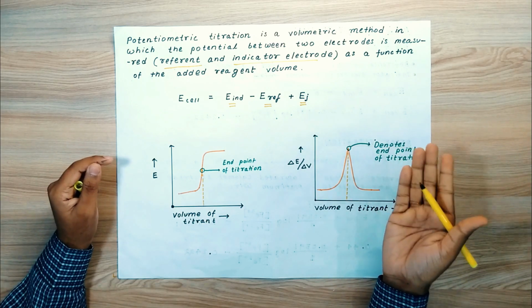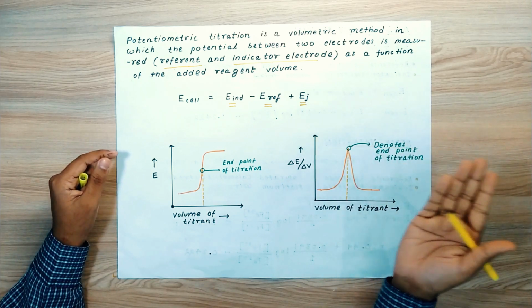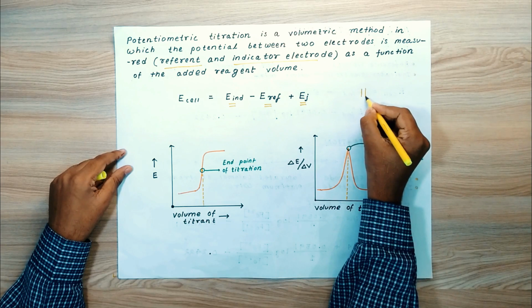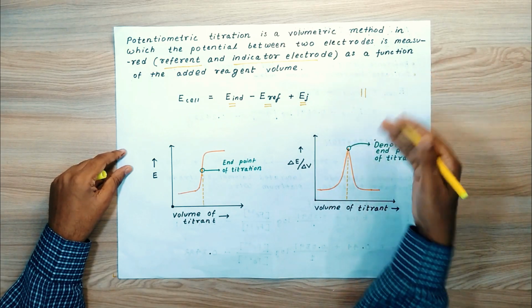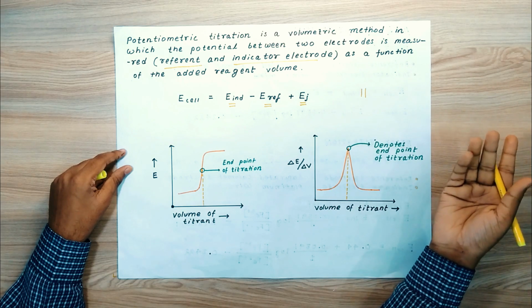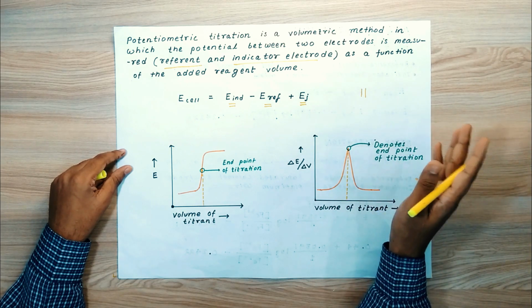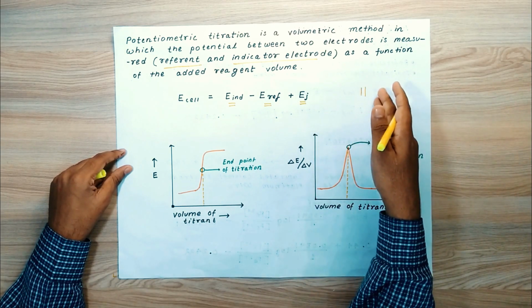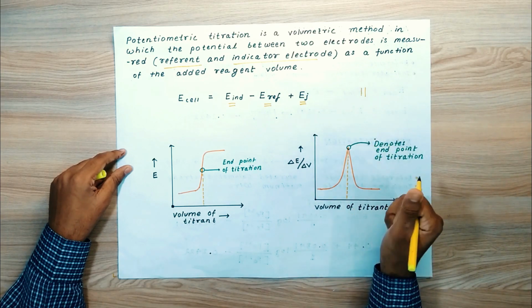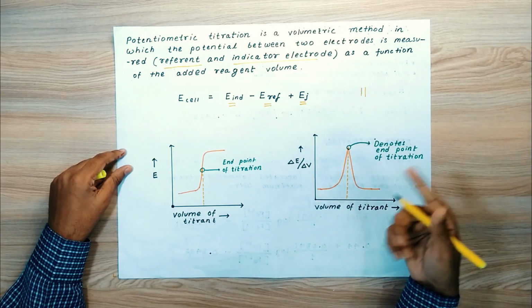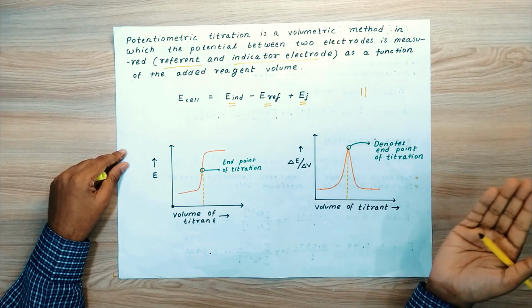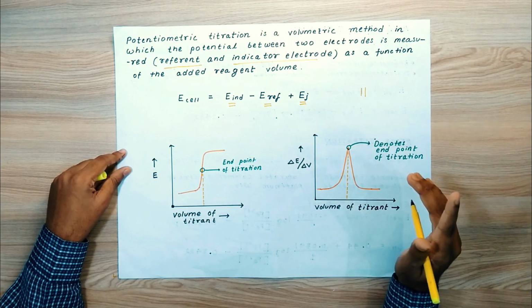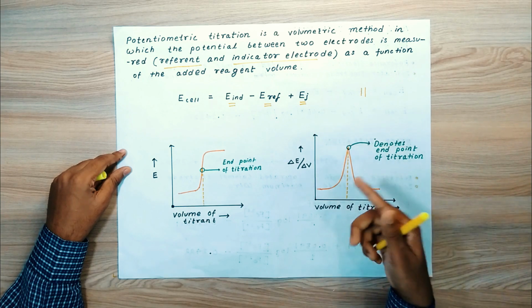In a potentiometric cell there is a salt bridge that prevents the components of the analyte solution from mixing with those of the reference electrode. A potential develops across the liquid junction at each end of the salt bridge. This potential is called the junction potential, and it is so small that we can neglect it during the calculation.